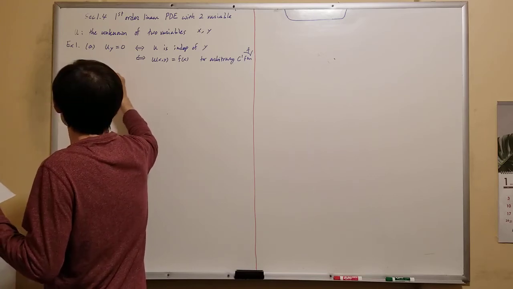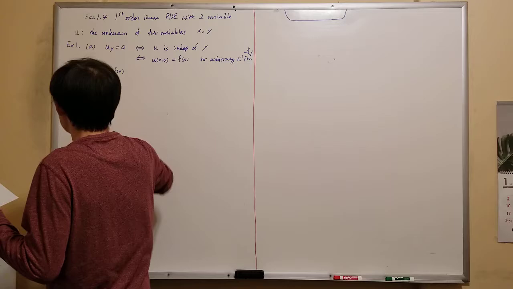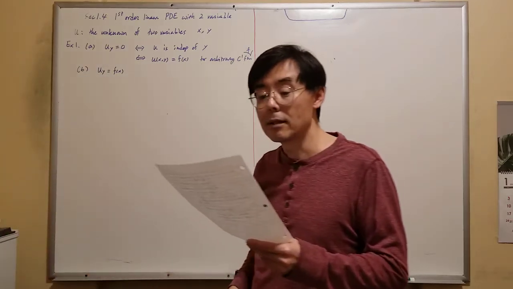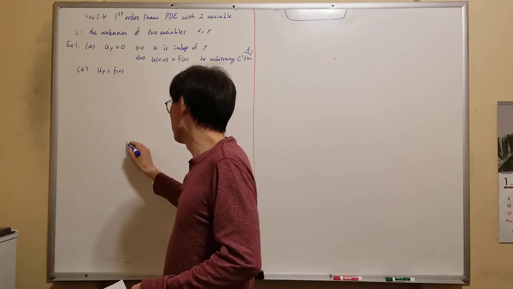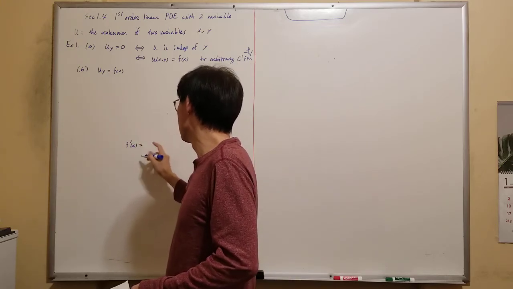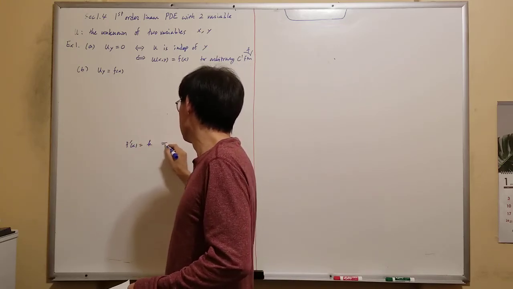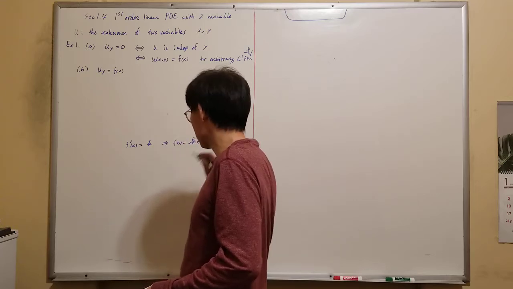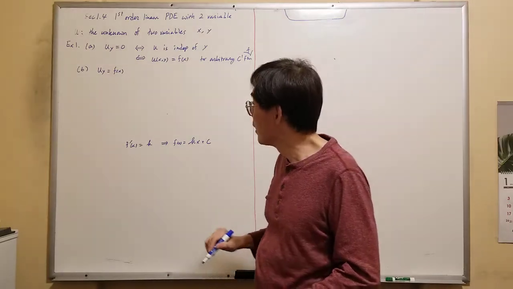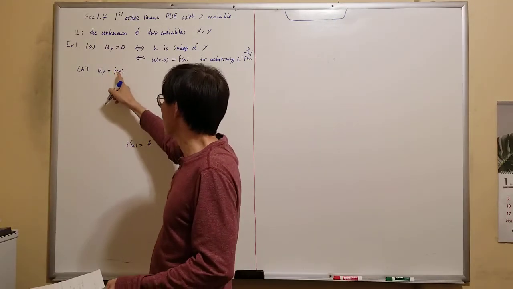B. What if you have u sub y equals f of x? So if you have a 1 variable function f prime of x equals k, then your f of x must be kx plus another constant, right? y partial is f of x.